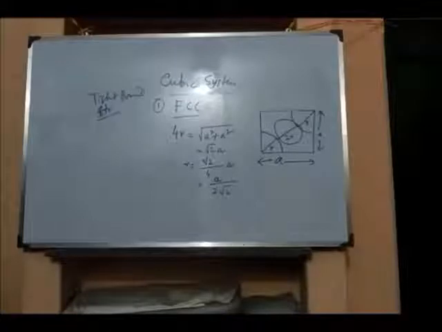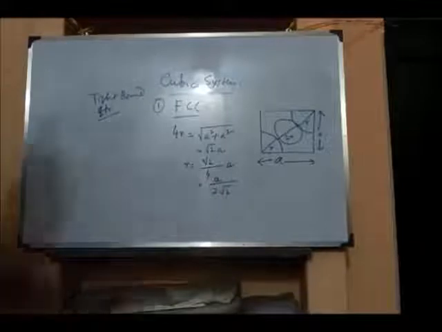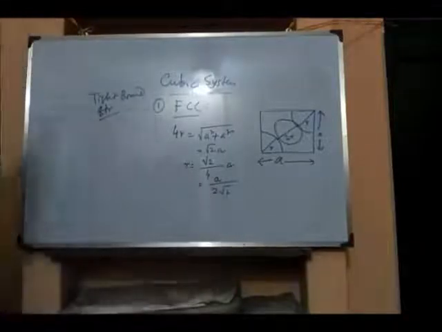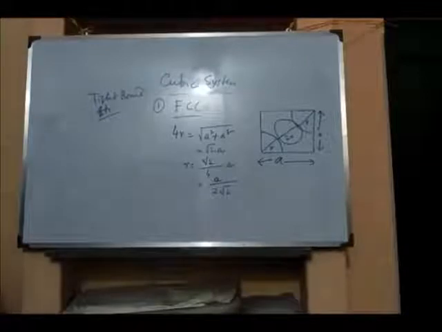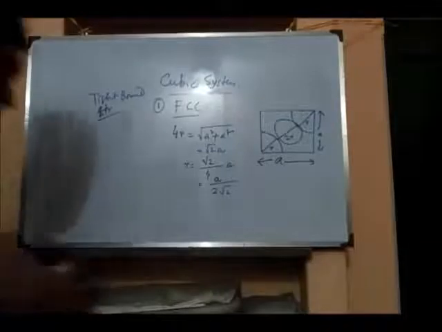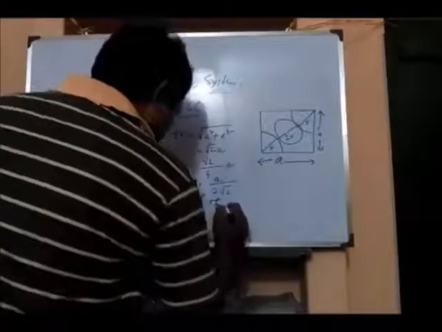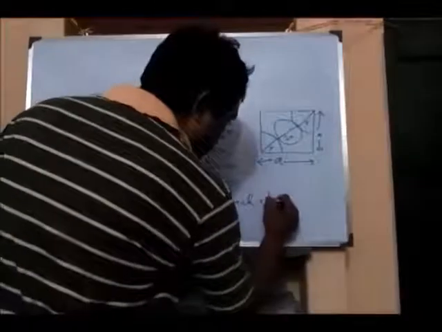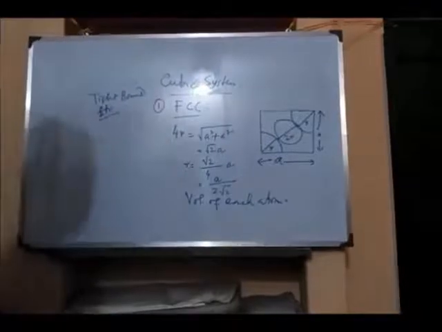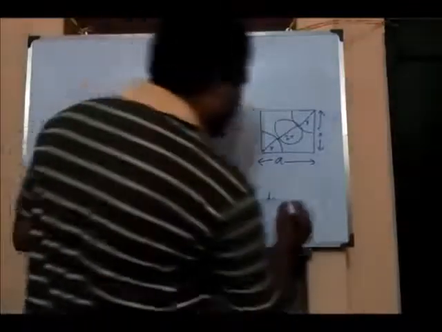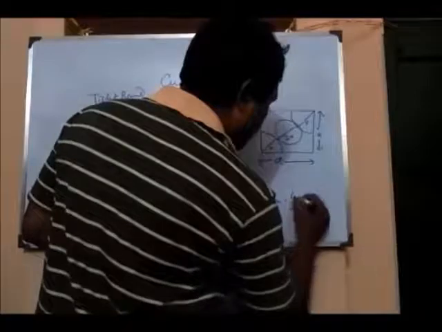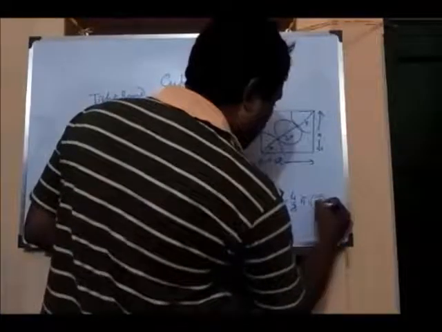Now for the packing factor, as r equals a by 2 root 2, I can say that the volume of each atom, assuming the atom is spherical, is 4/3 pi times a divided by 2 root 2, cubed.